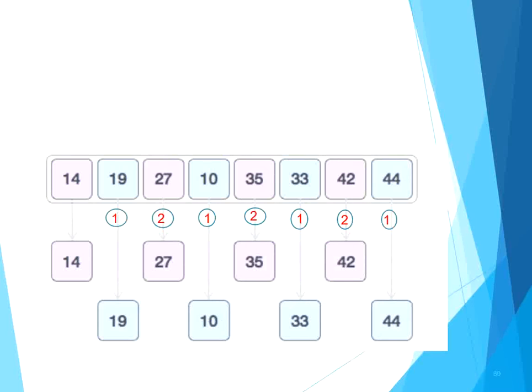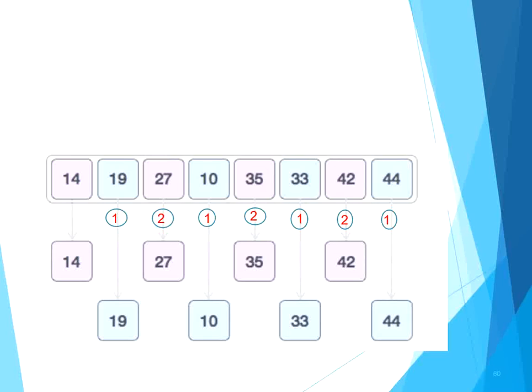In the next pass we divide n by 2, and now n is 4. When we divide it, we find the interval of 2, since 4 divided by 2 is equal to 2. Again we use the same concept, and we start counting from the next element, that is 19 at interval 1, and interval 2 is 27.